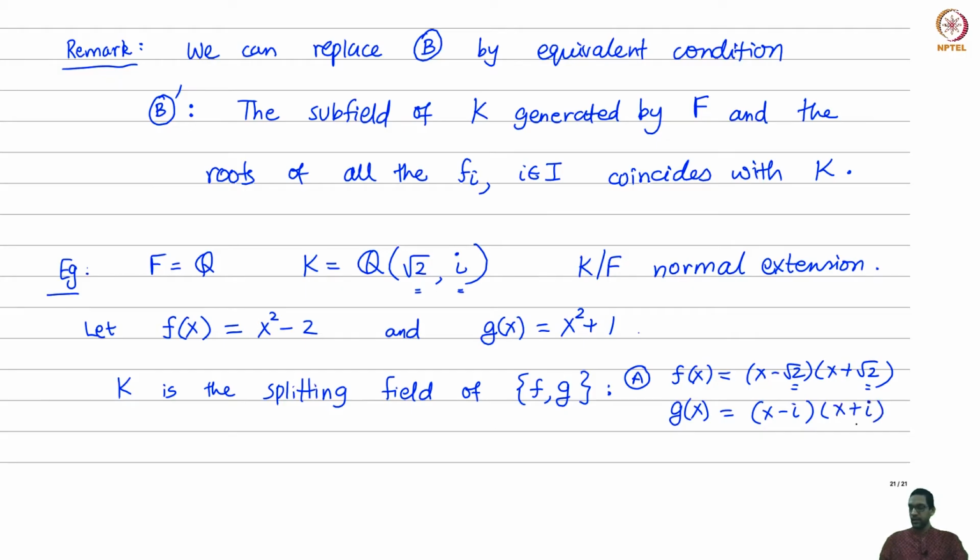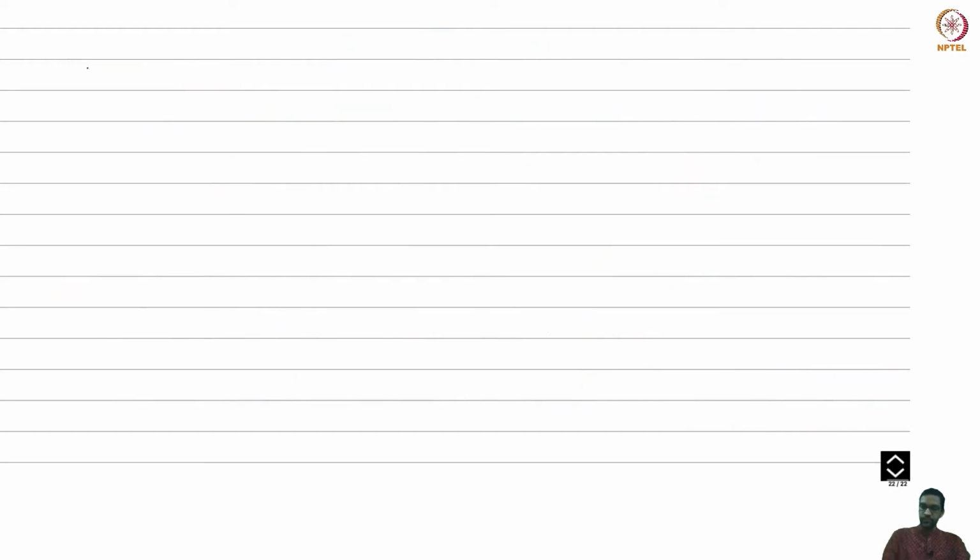Again, it's easier to check B dashed in this case rather than B itself. What B dashed says is, what's this field K that we are talking about? Q(root 2, i), and we have Q here. You take the subfield of K generated by Q together with the roots of all these polynomials.